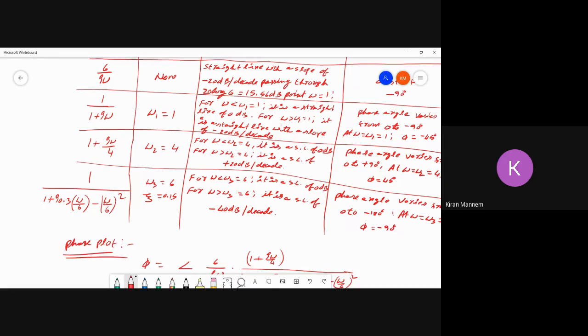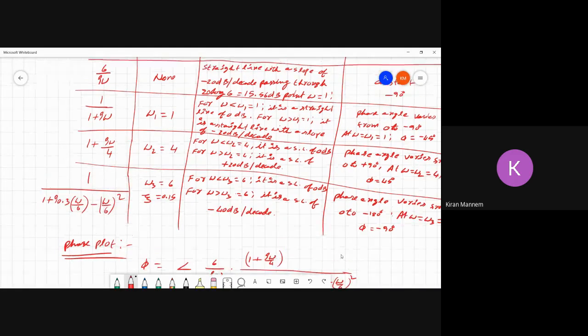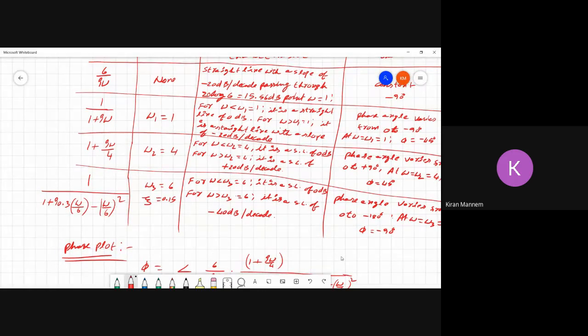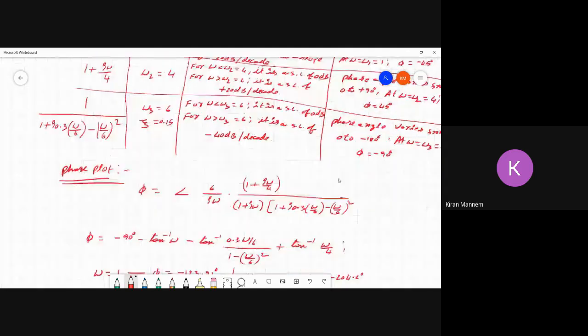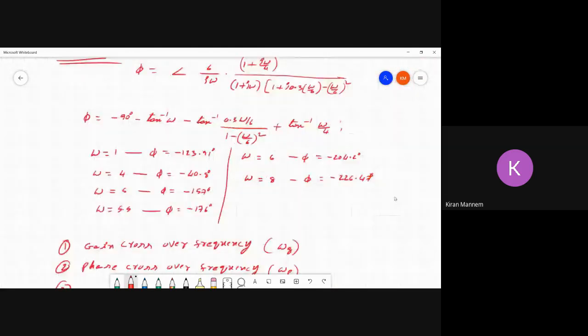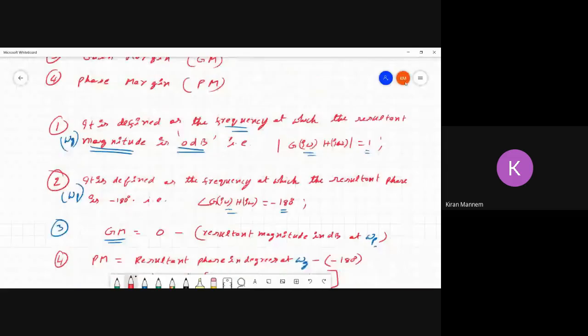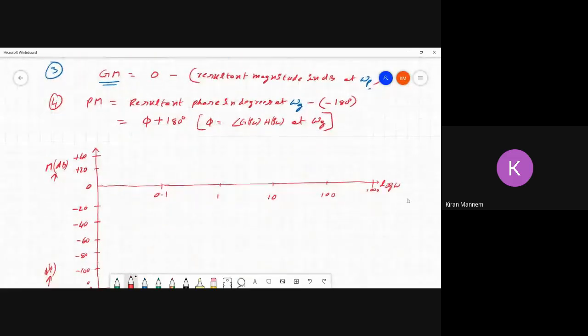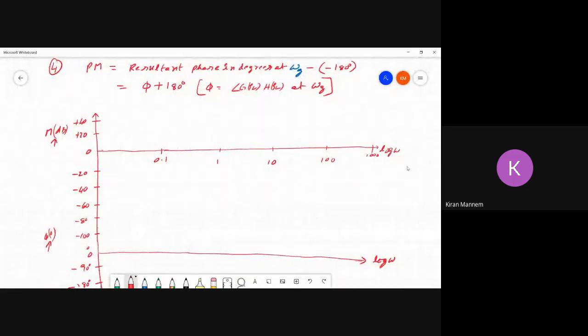So at omega equal to 1, it is 15.56 dB, and also it is a minus 20 dB per decade line. Remember these 2 points. So let us put the points here.